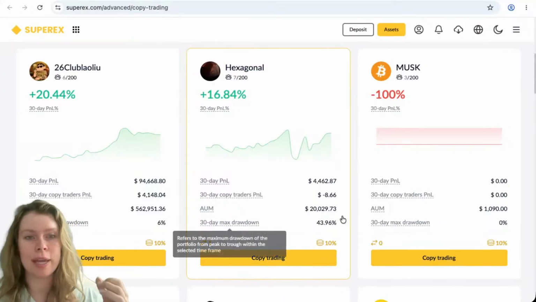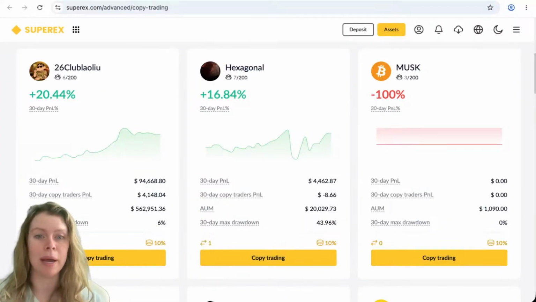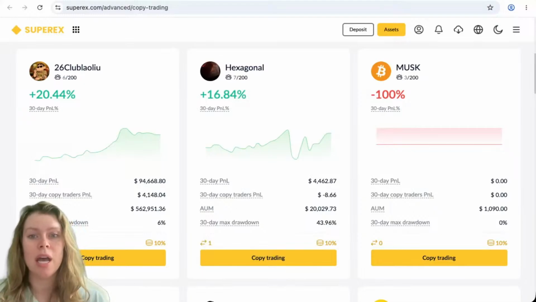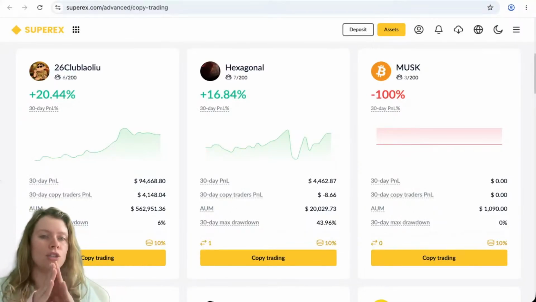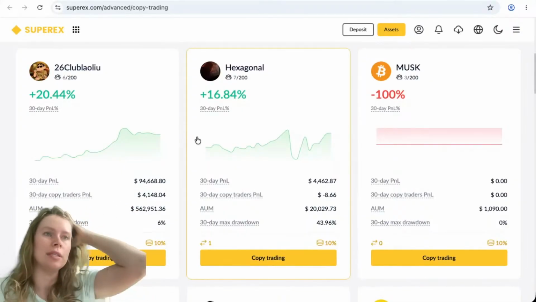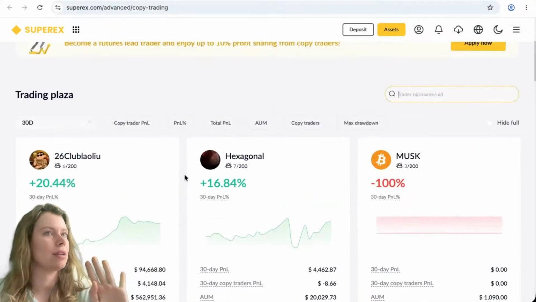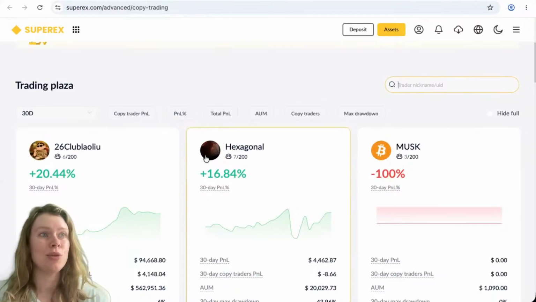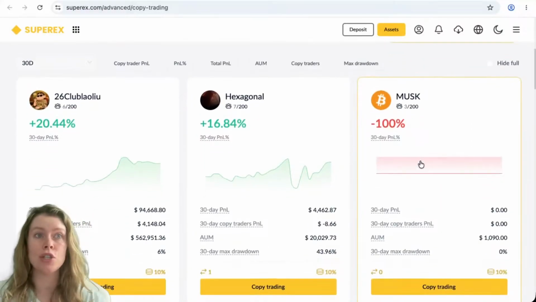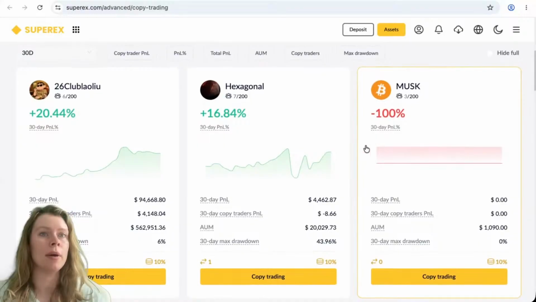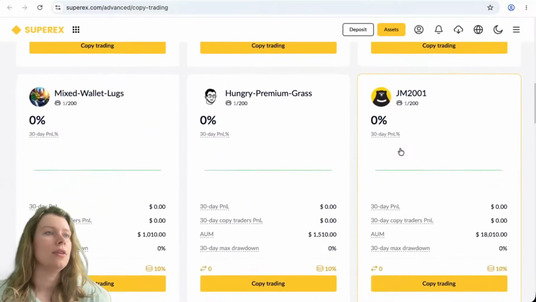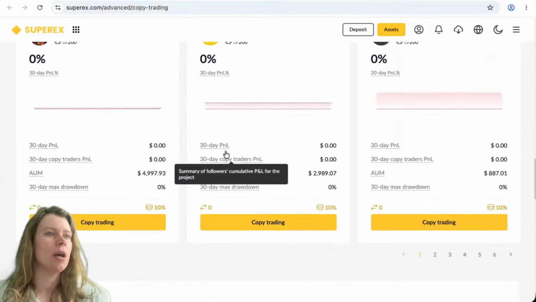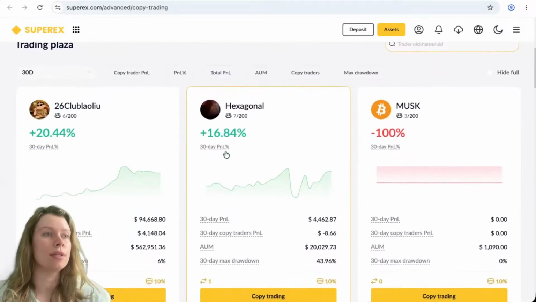All right, number 3, the yellow copy trading button at the bottom of each card is 1 click to follow. But I want to show you the smartest way first. So click the trader's name and then you can open up the full details. But let's just have a look at what we see on this page here. So 6 out of 200, 7 out of 200, 3 out of 200. Ooh, okay, that one's getting a little bit lower. These guys have not done too much, but those 3 seem to be our top ones currently.